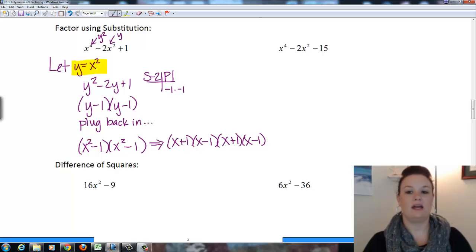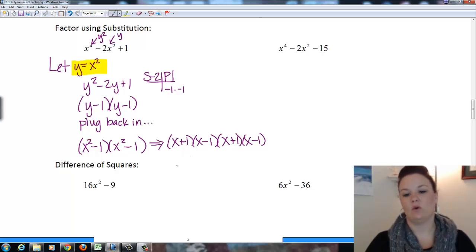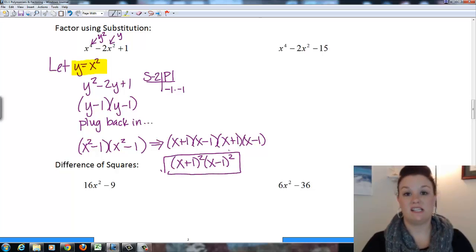And then I can go ahead and simplify this by writing those quantities. Since I have repeats, I could write them squared. So I could leave it like this, or I could say this is the same as x plus 1 quantity squared times x minus 1 quantity squared. Okay. And we'll do some examples of that in just a minute if you're not used to seeing that.